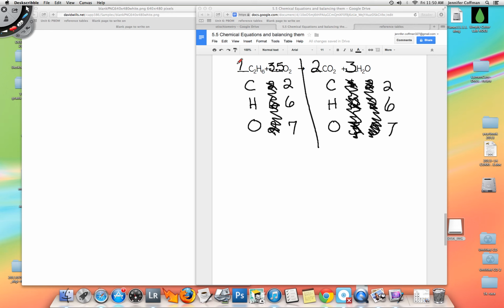So instead of a 1 here, I'm going to put a 2. Instead of a 3.5 here, I'm going to put a 7. Instead of a 2 here, I'm going to put a 4. And instead of a 3, I'm going to put a 6. So the lowest whole number coefficients, the lowest ratio that I can have, is going to be 2 to 7 to 4 to 6. Okay?